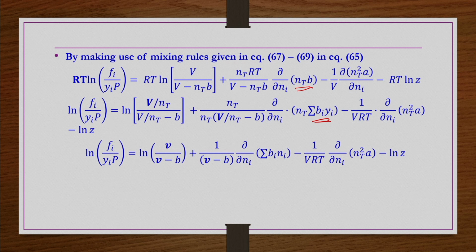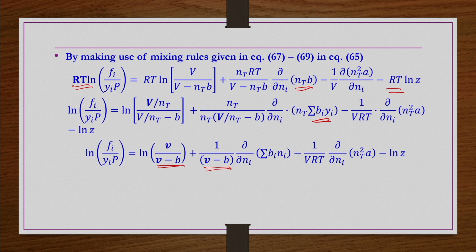Then this part will become in terms of molar volume, that is small v by small v minus small b, and the same here, 1 by small v minus small b. Here the sum of b_i y_i I can write as n_i by n_T, and this n_T will cancel out, so the sum of b_i n_i would be there. This term we are keeping as it is. Further, whatever RT is there, I have already cancelled out from all the terms.